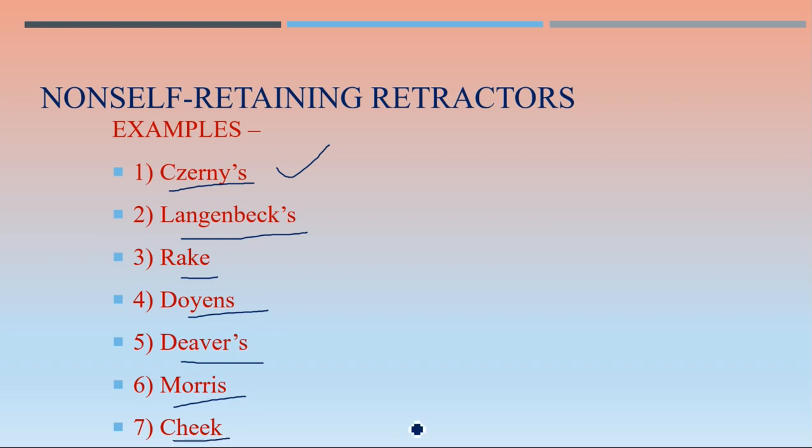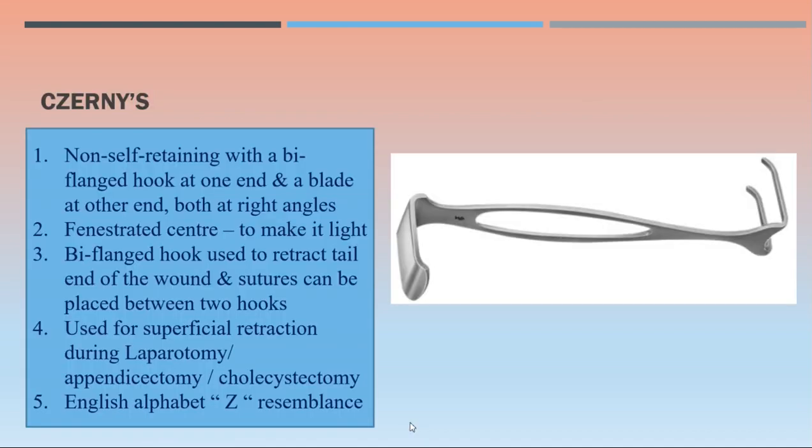Cheek retractors are self-retaining as well as non-self-retaining. Both types are available. So this is the Journeys retractor, very commonly used. This is a non-self-retaining retractor with a bi-flanked hook at one end. Two hooks are there at one end, a bi-flanked hook, both at right angles, and the blade at the other end.